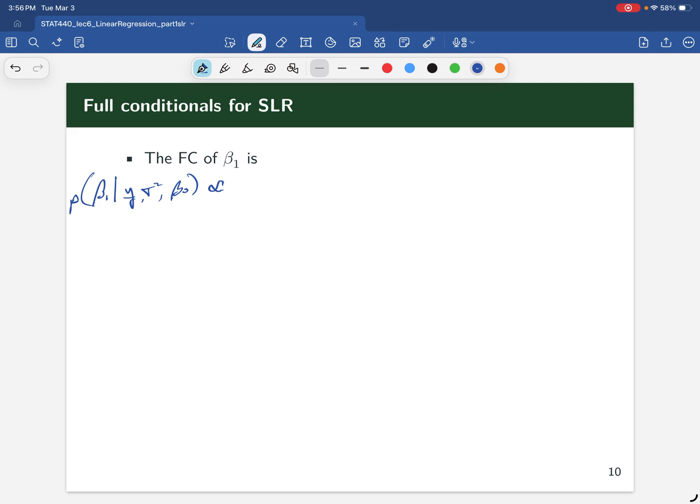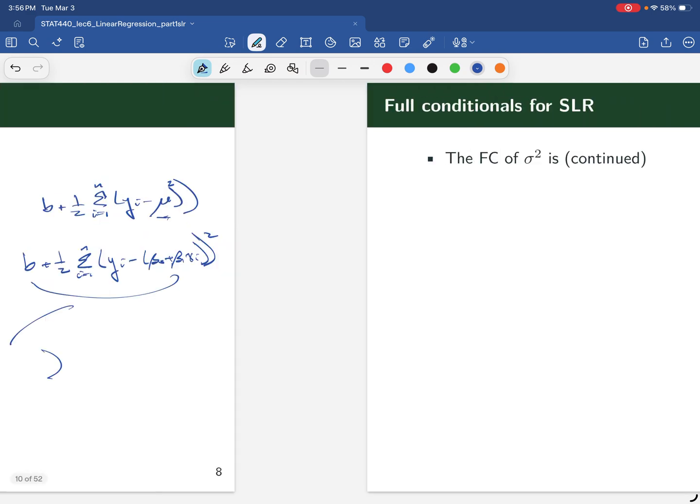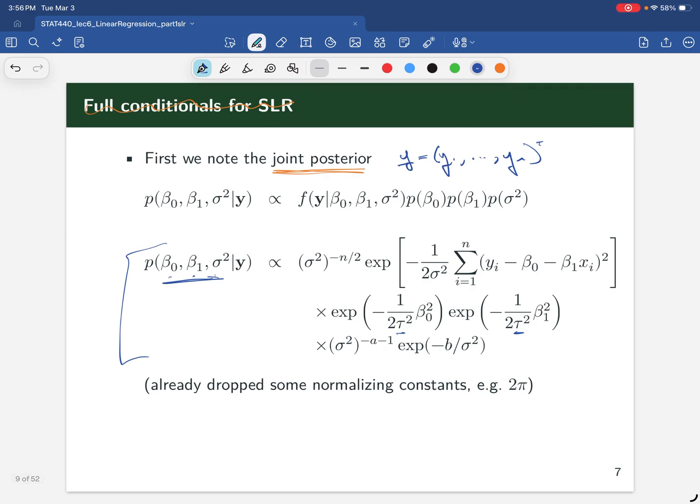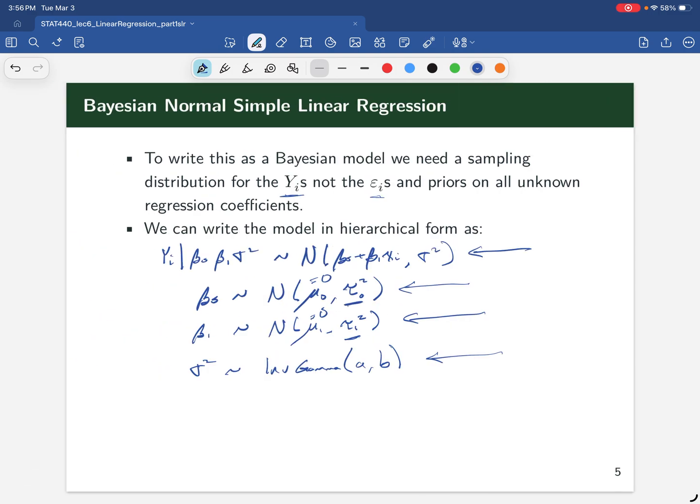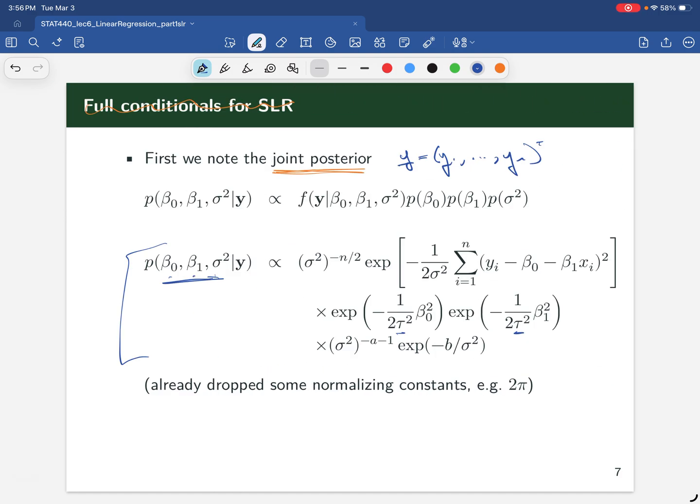And so, in fact, let me cheat and let's go back a few slides. Let's see, this is the one. We wrote down the joint posterior for all three parameters. That's what we see right here.